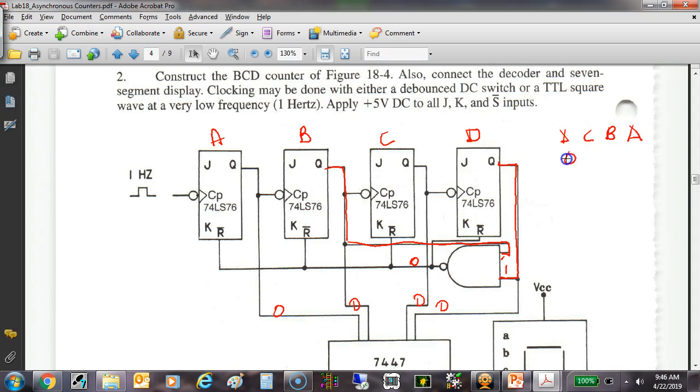Okay, so I start counting. Now, what I'm looking for is when this one goes to a 1 and this one right here goes to a 1, that gives two ones on the input of that NAND gate, and this is going to reset, right? You understand? So would a count of 0 reset it? Would a count of 1 reset it?